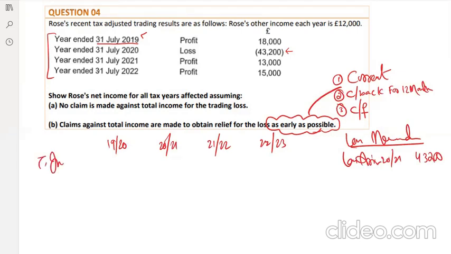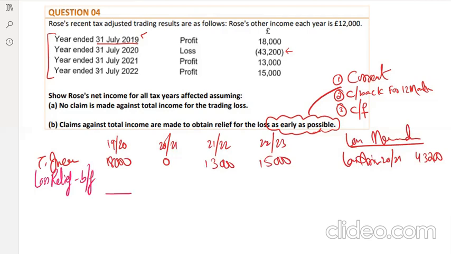Trading income, we have 18,000 here, 0 here, 13,000 here, and 15,000 here, right? Now we will leave one line here for loss relief brought forward. The loss arises in this year, right or wrong?